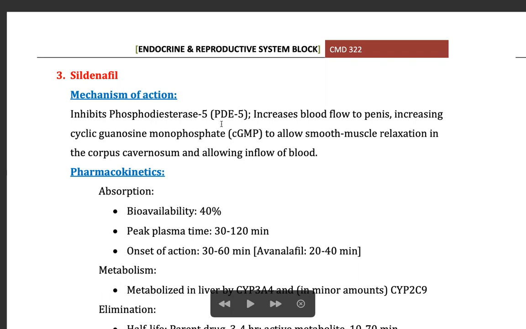We can say PDE5 inhibition leads to increased blood flow to the penis. And the second mechanism, it also increases cGMP, and this increase in cGMP leads to smooth muscle relaxation in the corpus cavernosum in the penis and allows inflow of the blood.